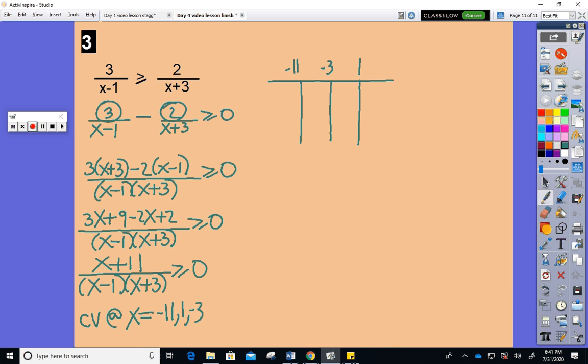Pick your test values. I'm saying less and less because I'm hoping you're taking it and running with it at this point. See if you can do your sign chart without watching me, and then double check and watch me, make sure we got the same thing. That would be really cool if we could match up.